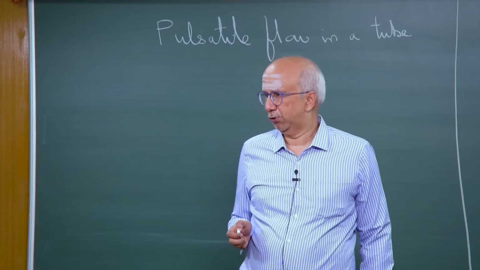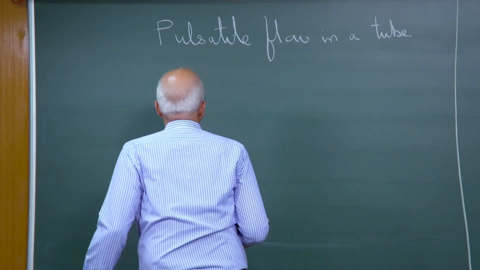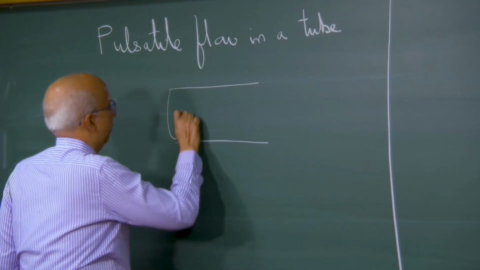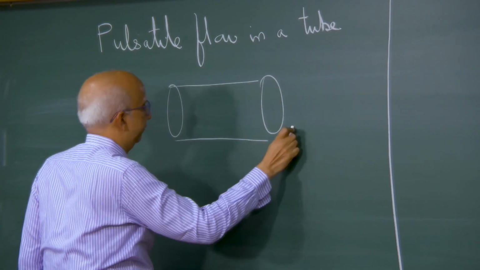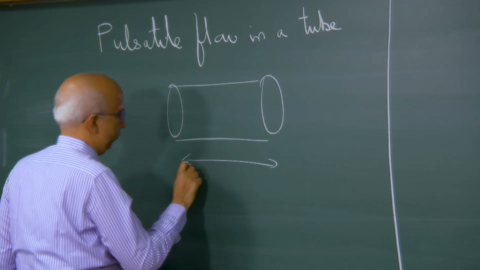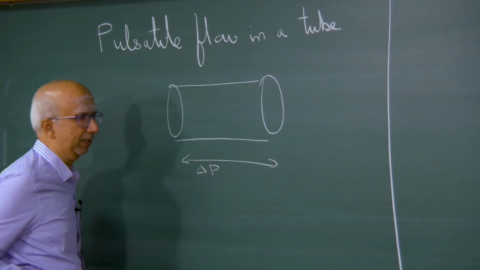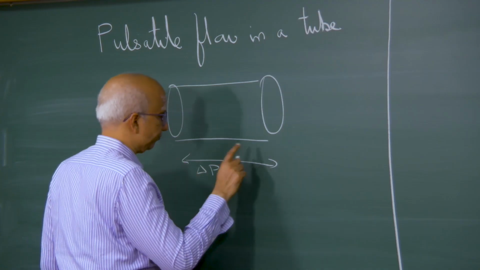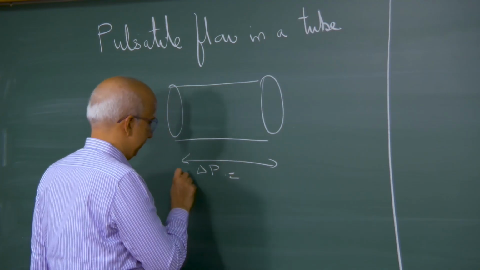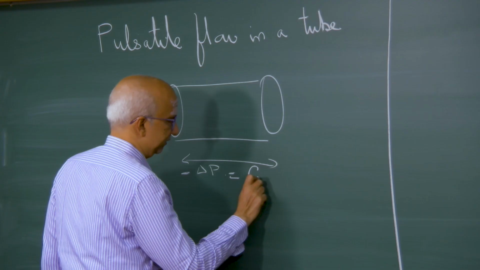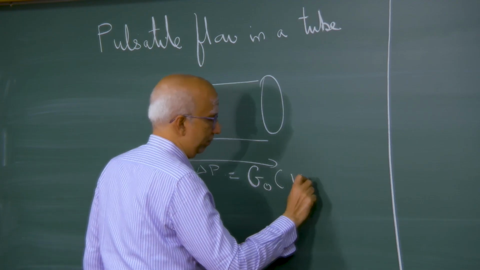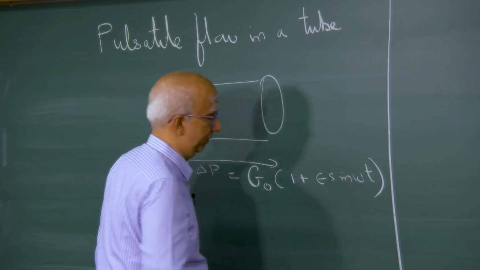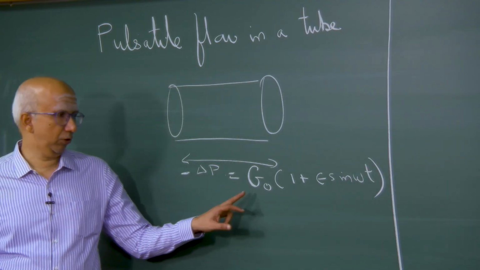Okay. So, the problem is that of a circular tube, and you have a pressure gradient delta P, okay, and we are going to represent minus delta P as G0 times 1 plus epsilon sin omega t. What is G0?